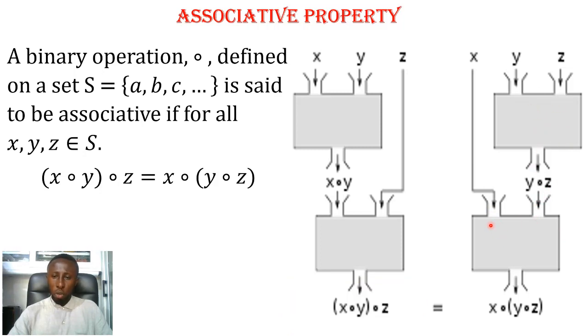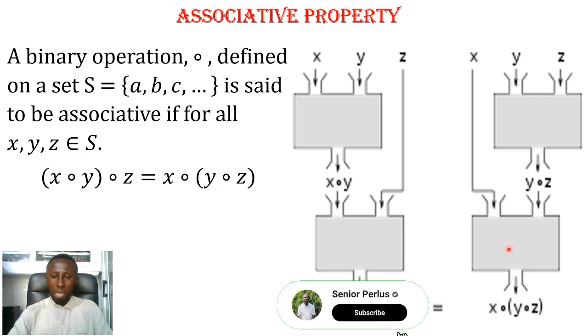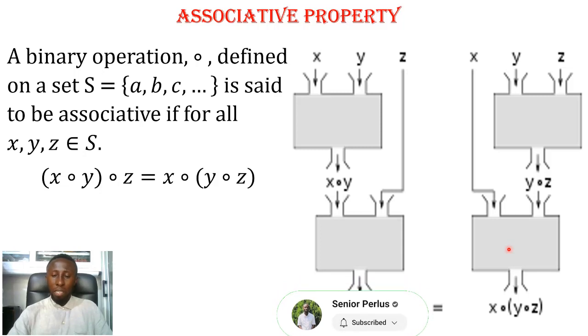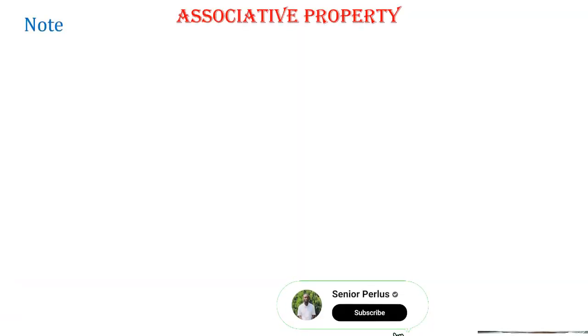Then x operation (y operation z). So this is how it is. Associative property, let's take note of this.